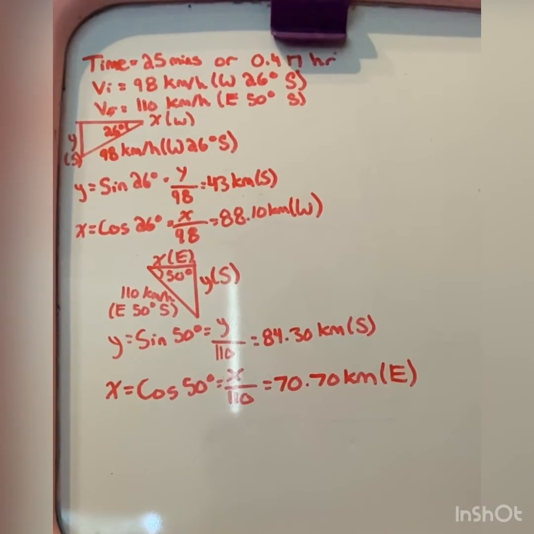And for the x vector, we need to use the equation cosine theta equals adjacent over hypotenuse. But since we are missing the adjacent value, we need to multiply the hypotenuse value, which is 98 kilometers per hour, by cosine 26 degrees, to get 88.10 kilometers to the west, and this will be our x value.